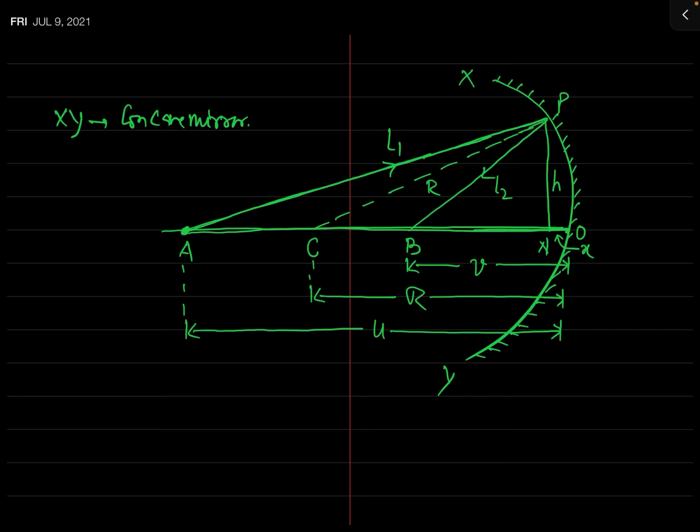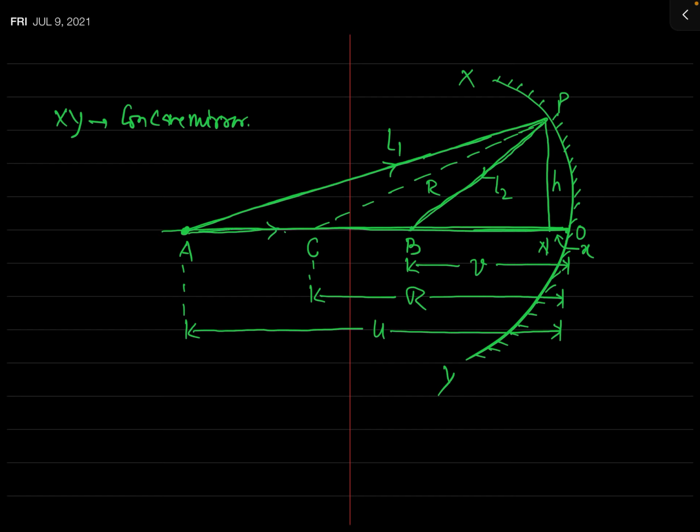So definitely our calculation is based upon the assumption that the incident ray is a paraxial ray, and when this light ray is incident at point P, it gets reflected, and after reflection this light ray intersects the principal axis at this point B. You can also take a light ray which originates from this source A and moves along the principal axis.